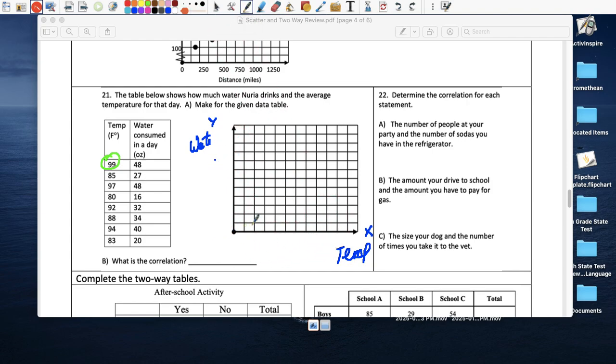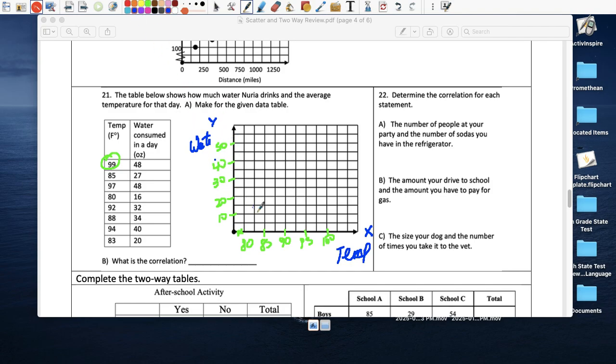So temperature goes in here. Take a break, and that's going to be 80, 85, 90, 95, and then the next 100. And then over here, I can go by 10s, 10, 20, 30, 40, 50.